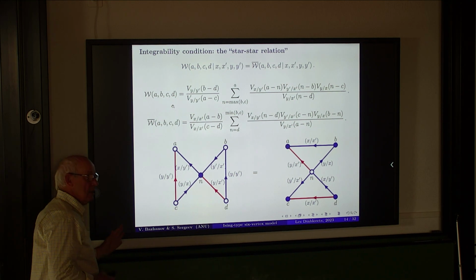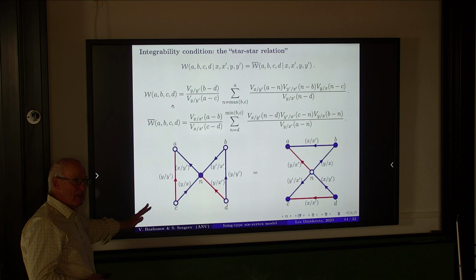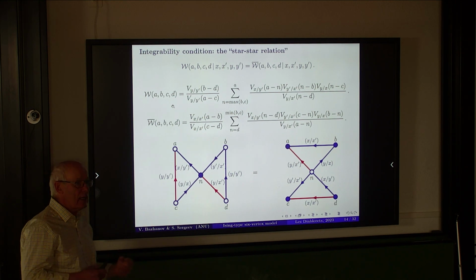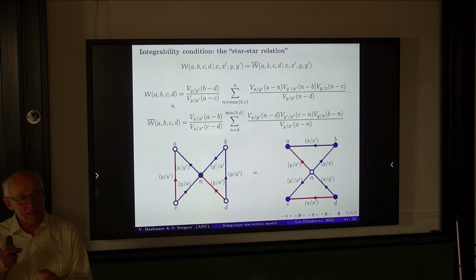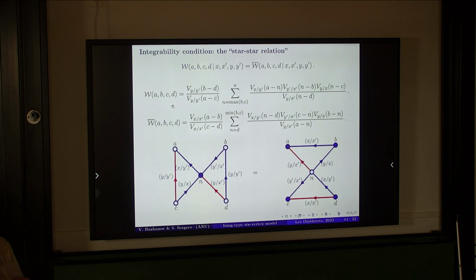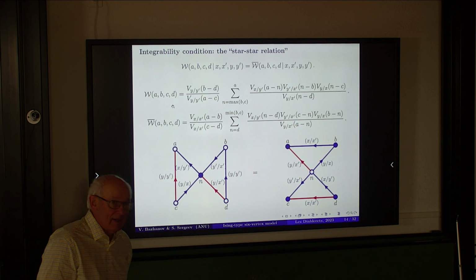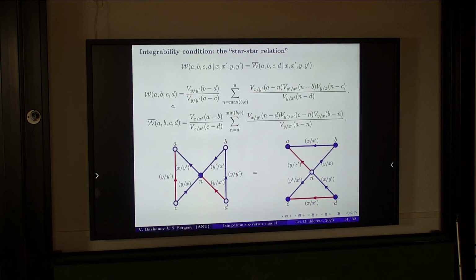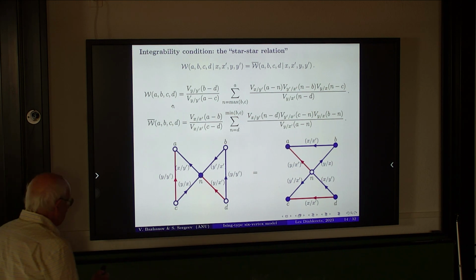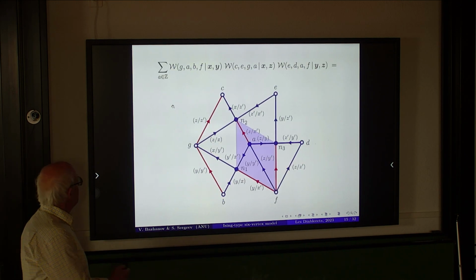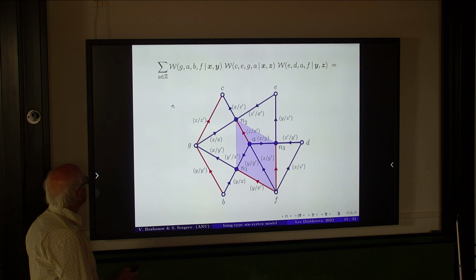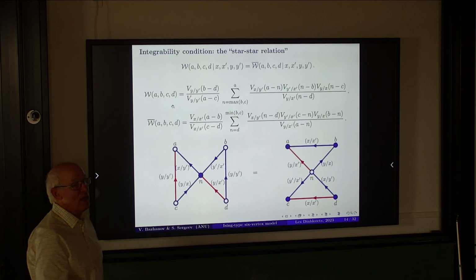So yes, we got a simple relation which is formulated in terms of two spin weights, Ising-type weights. But as Grigory correctly questioned, is there a star? So how to prove? Let me show you how to prove.